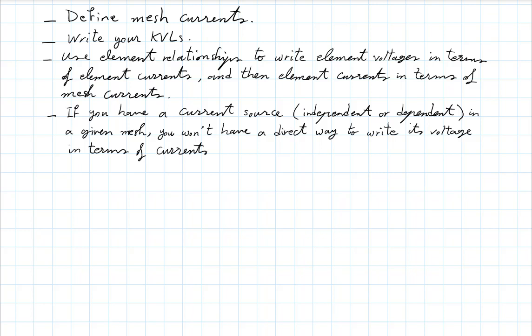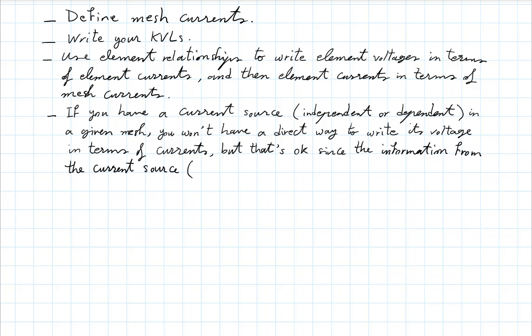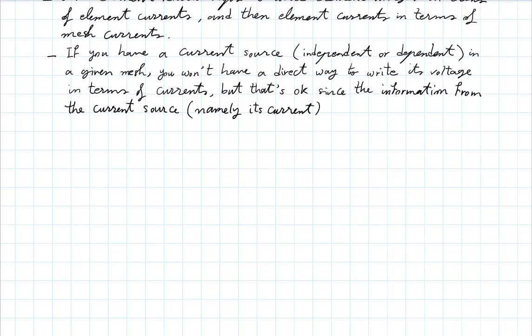So you end up with this voltage as an additional unknown. But that's okay, since the information from the current source, namely its current, will give you the extra equation that you need.